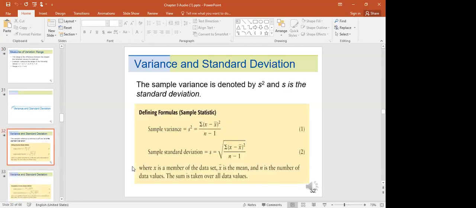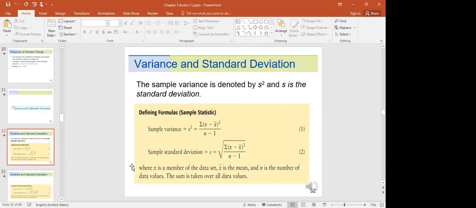Now to compute the variance, we first compute the mean. Subtract the mean from each value to get the deviation of that value from the mean and square it. So we will get a new distribution and divide the sum of the square of the deviation by n minus 1, where n is the sample size, to get the variance.